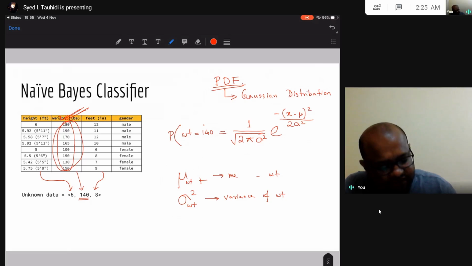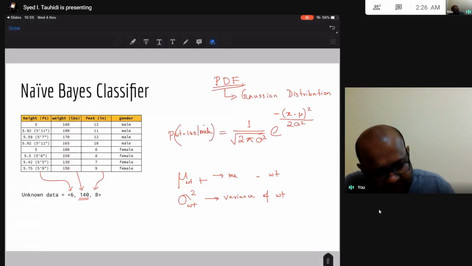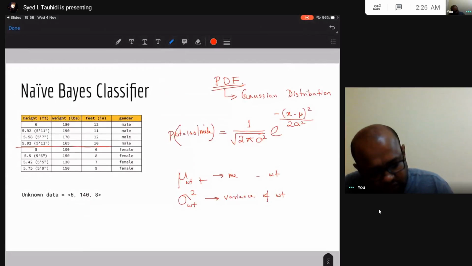I am interested in finding the probability of weight being 140 given that the person is, say, male. Now what I am going to do is take only those rows which have my target as male.